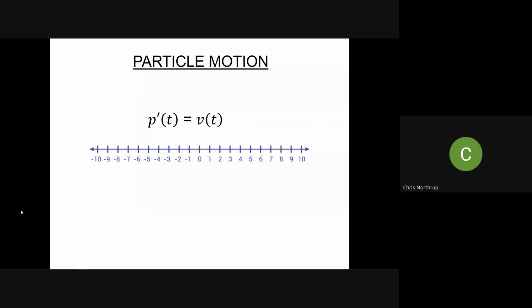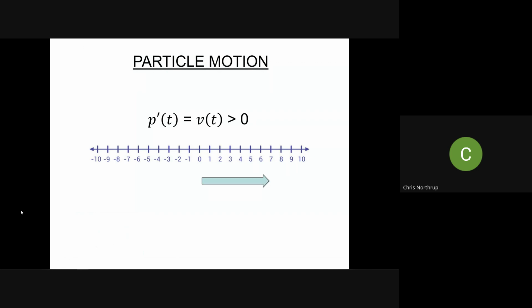So keep in mind that the derivative of a position function is velocity. Well, what's that going to tell us? That's going to tell us the direction in which our particle is moving. We know that it's moving horizontally, but we don't always know if it's moving forward or backward. If our velocity is positive, that means that the derivative of our position is positive, meaning increasing.